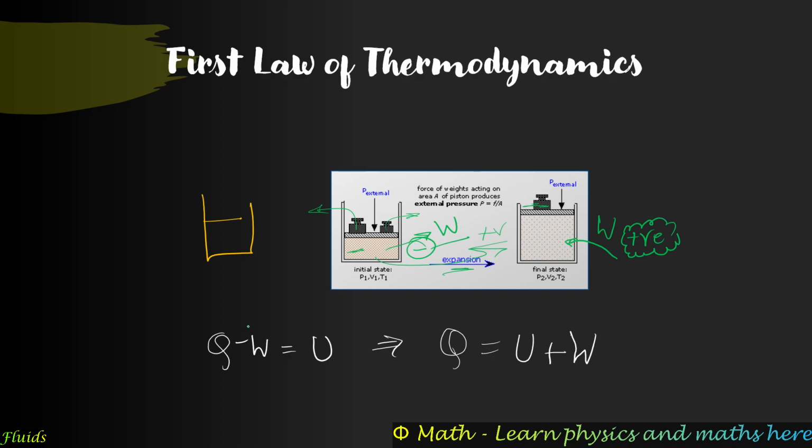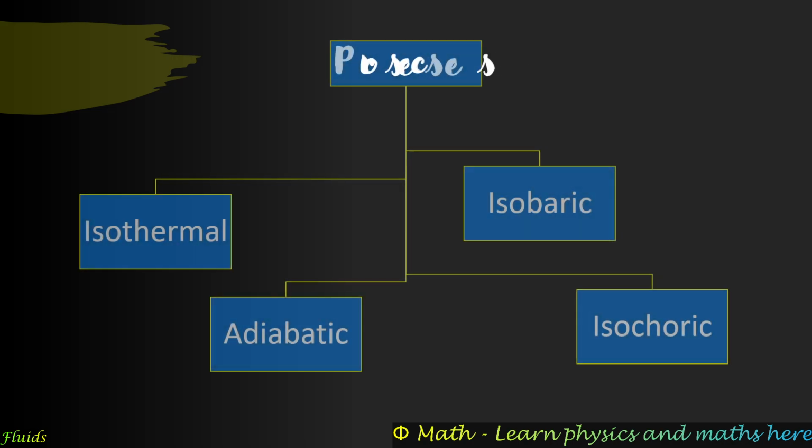Okay, so now we can see that there are different processes. The processes are isothermal, isobaric, adiabatic, and isochoric. We are gonna study each of them.